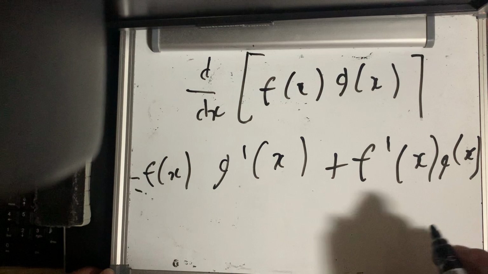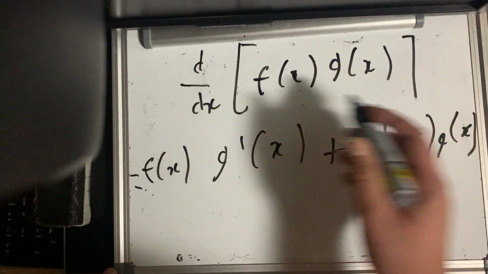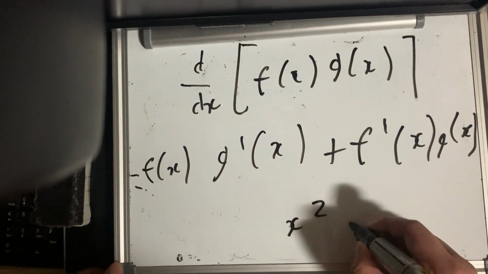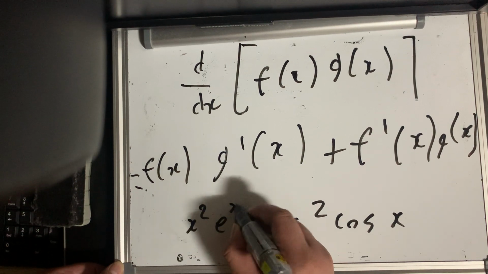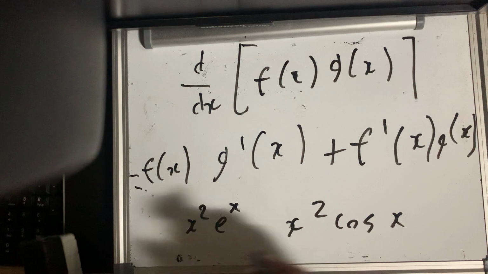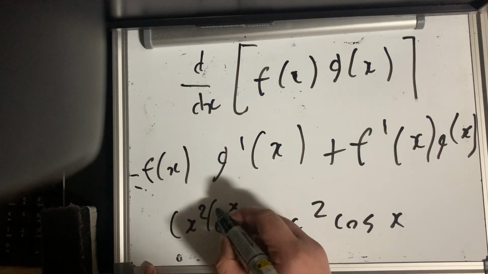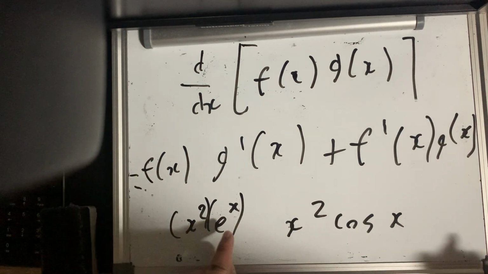This essentially tells you how to find the derivative of a product when the actual function is really complicated, when it's made up of something like x squared over cosine x, or maybe x squared over e of x. It's this really complicated thing, but you can break it up into multiple factors of a bigger product and treat one of them as an f of x and the other as a g of x.